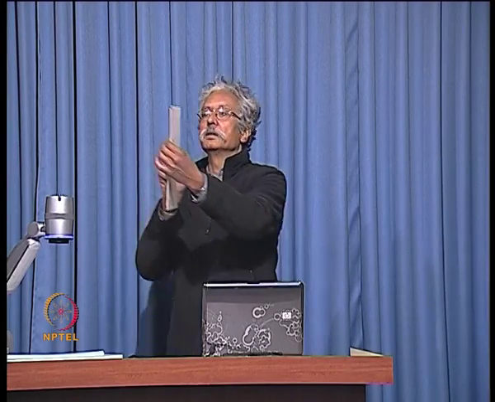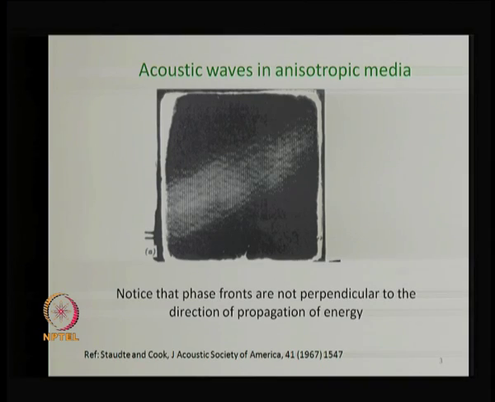It does not go straight, it goes at an angle. This is very characteristic of an anisotropic medium, that the direction of propagation of the energy and the direction of propagation of the wave front are not parallel to each other, they are at an angle. We will get to know the numbers for this angle. It is not very large, usually a few degrees, but it is finite, it is not 0.